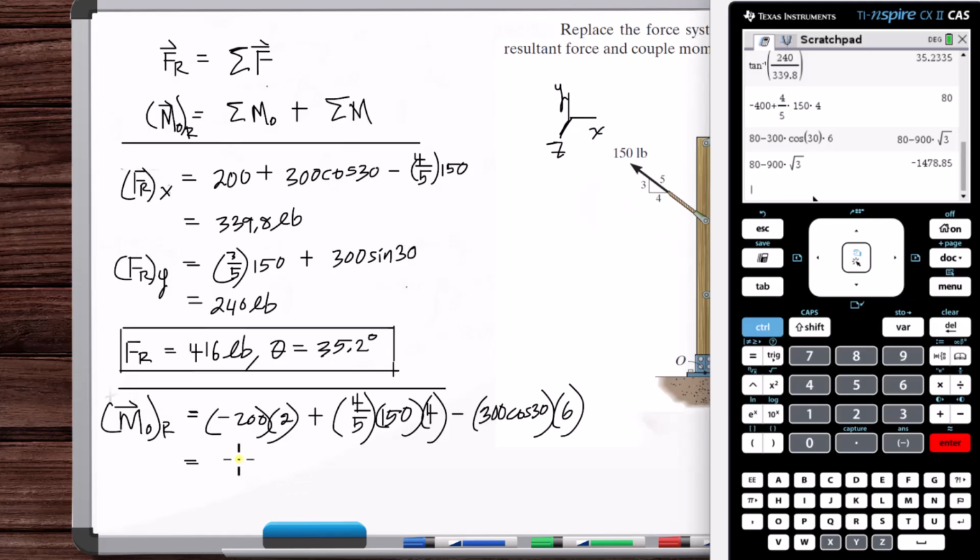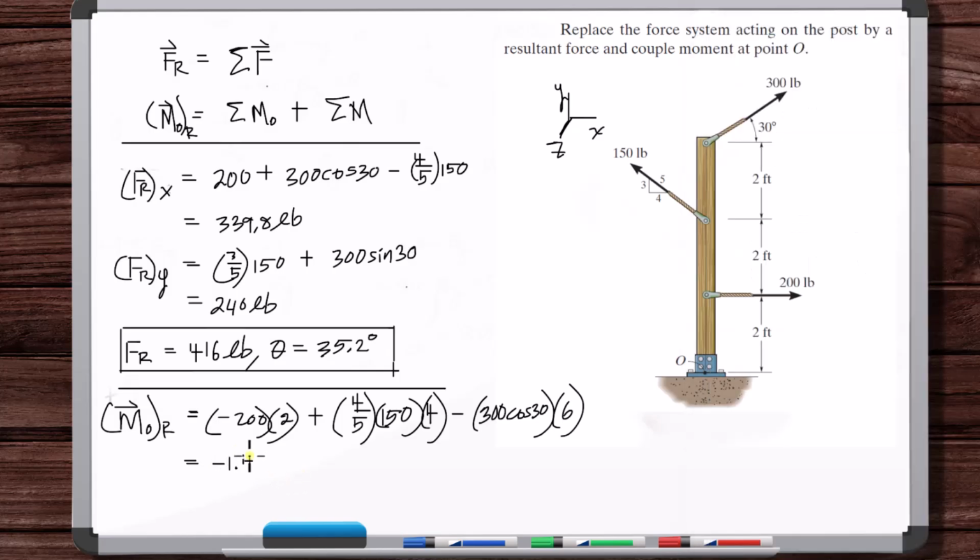So minus 1.48 kip-feet. And again, I want to emphasize this is a vector, pointing into or out of the page, but in this case, it's into the page, in the negative z direction. And by the right-hand rule, we know that that means it's clockwise.